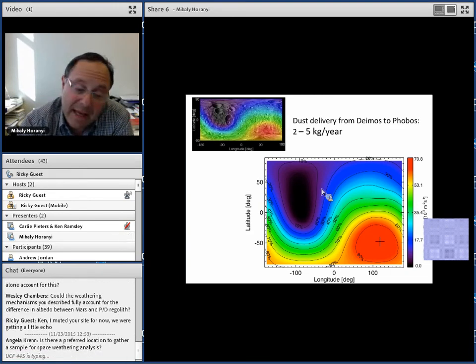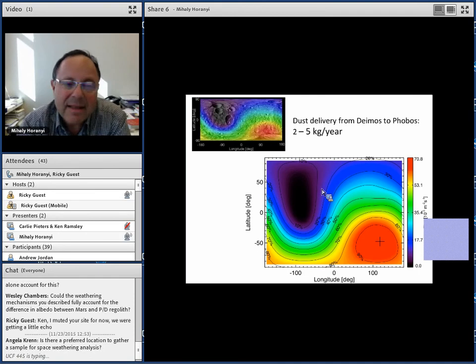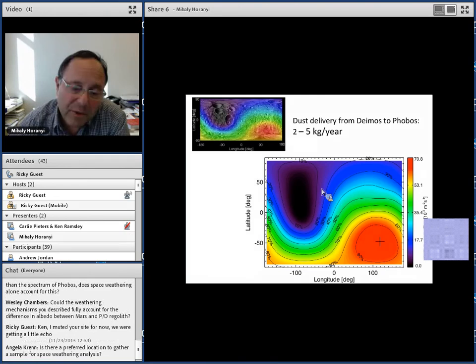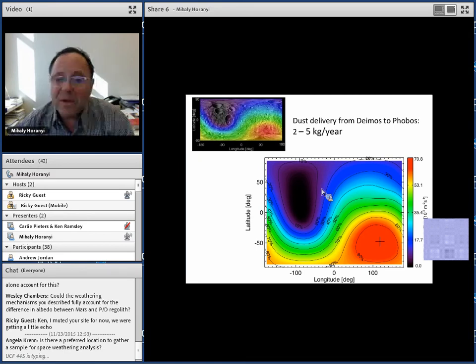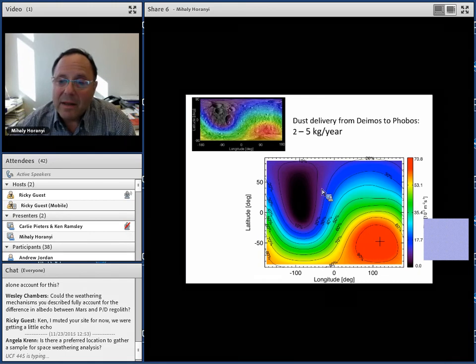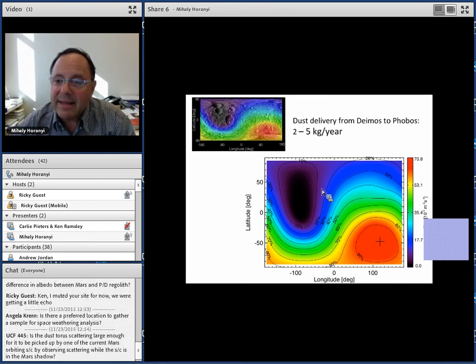So maybe there is a reason that spectroscopically these two objects are similar, because Deimos seems able to contaminate Phobos, not uniformly across the whole globe, but at least in parts. And if this production lasted through the history of the solar system, it could be a significantly deep layer of Deimos dust painting the surface of Phobos.